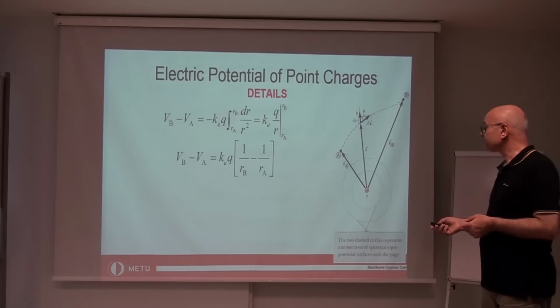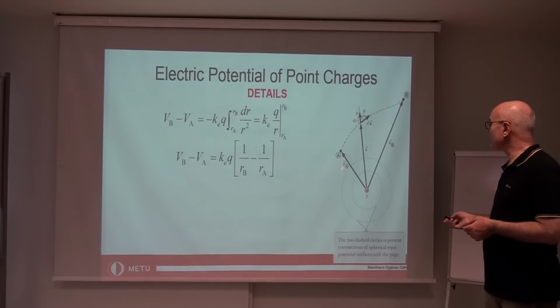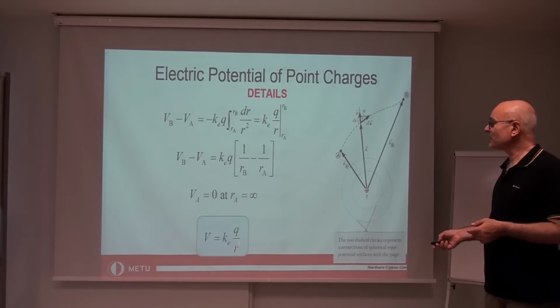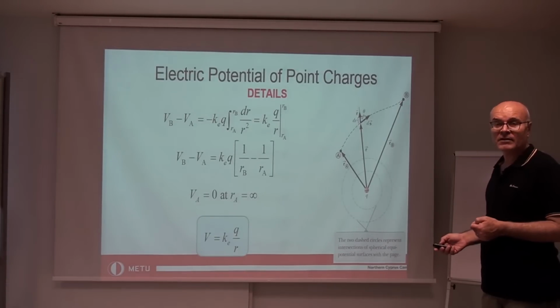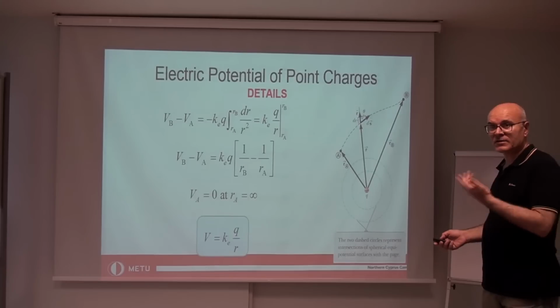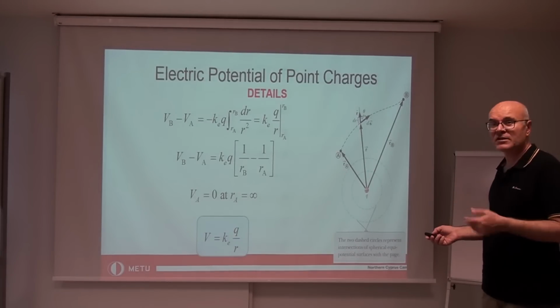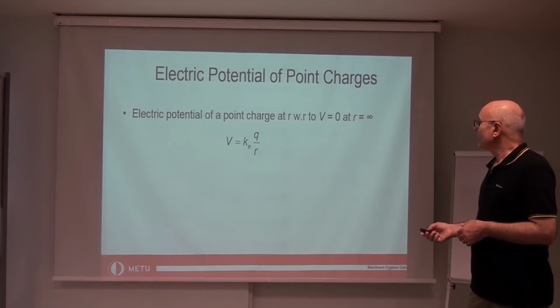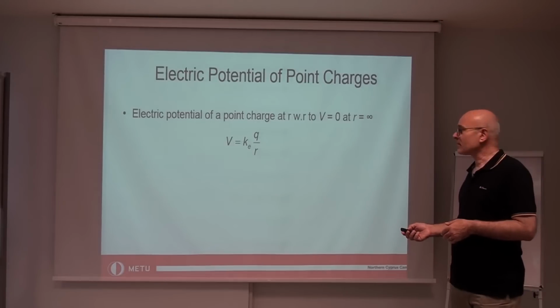And then when you take this to go to infinity, this term becomes 0, and this is the expression that we get for the electric potential of a point charge. This is the result that I have derived. These are just the details of the derivation. So that's it. This is my expression.